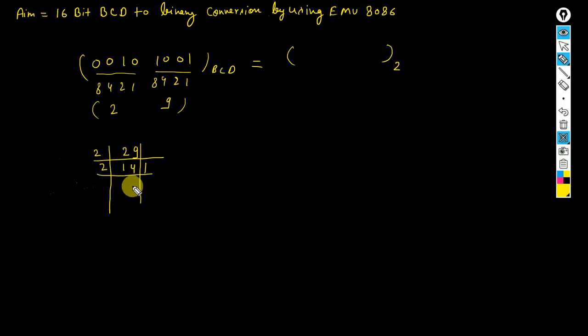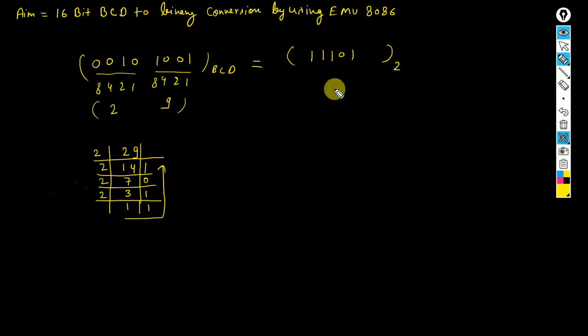Again divide by 2, 7: 2 sevens are 14, remainder is 1. Again divide by 2, 2 threes are 6, and the remainder is 1. Again divide by 2, 2 ones are 2, and the remainder is 1. Write down from bottom to top. This is your 11101, the binary equivalent.